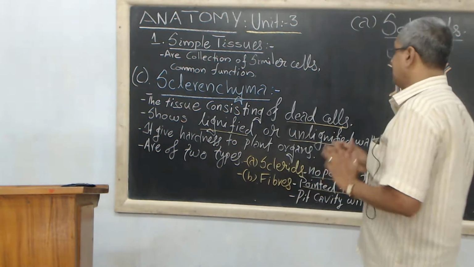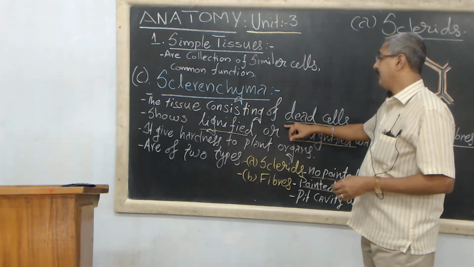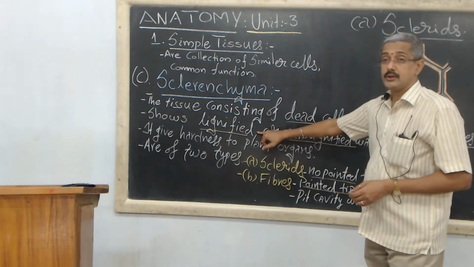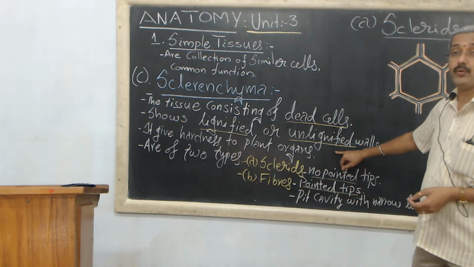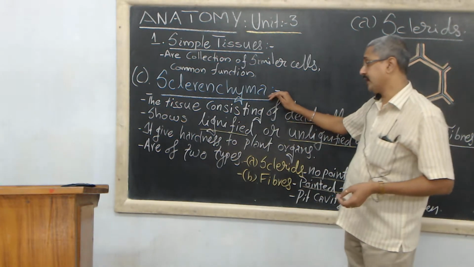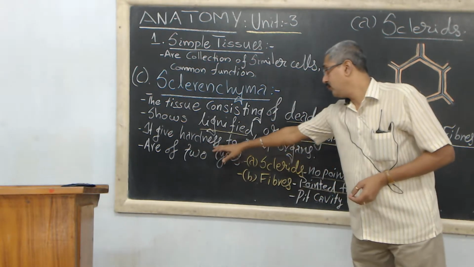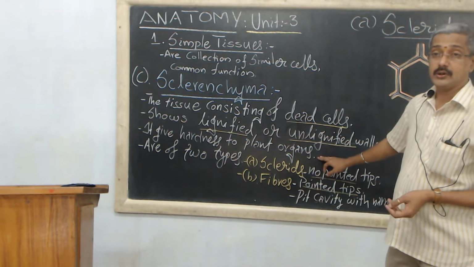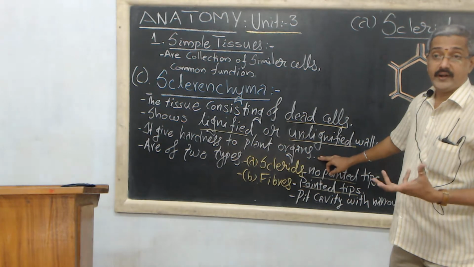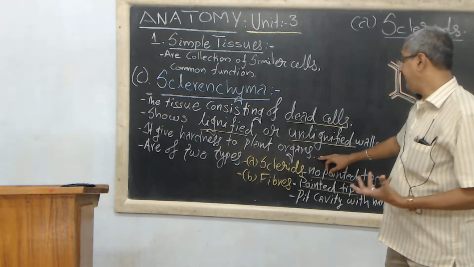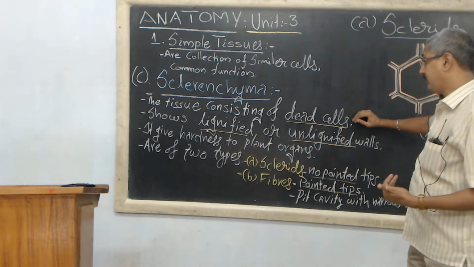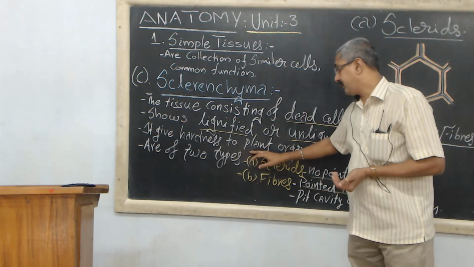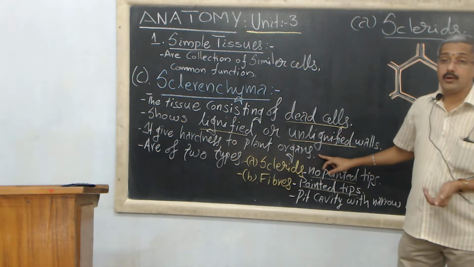So here the structural differentiation, the cell wall being either lignified or unlignified, is the peculiar characteristic feature of sclerenchyma, and it gives hardness to plant organs. That is the function of sclerenchyma. Why do the cells become lignified and gradually dead? Because it gives hardness to the plant organs.